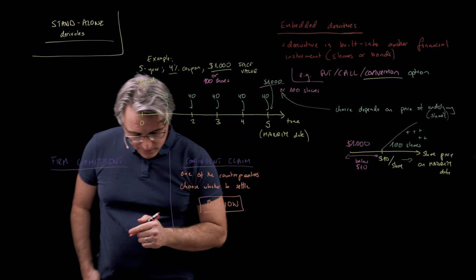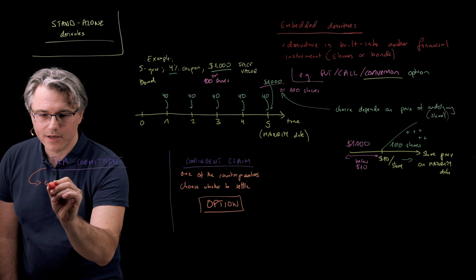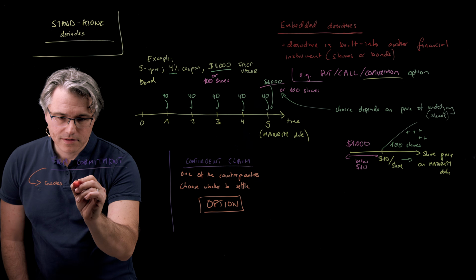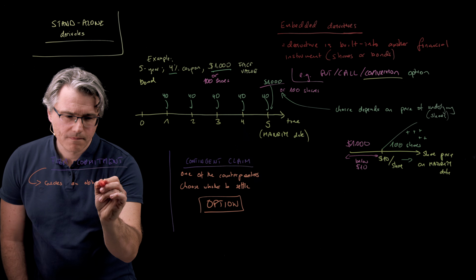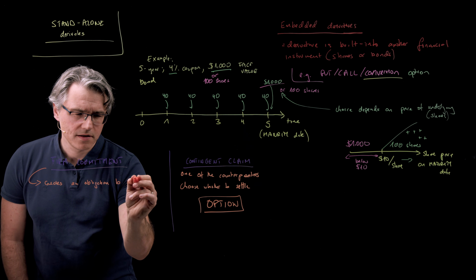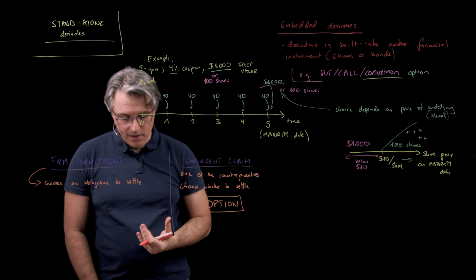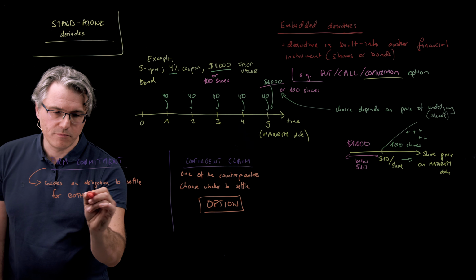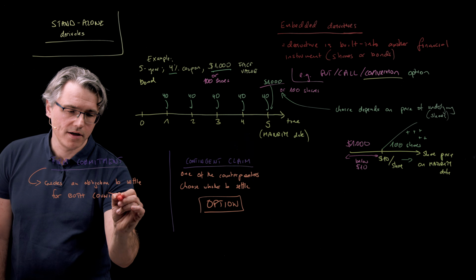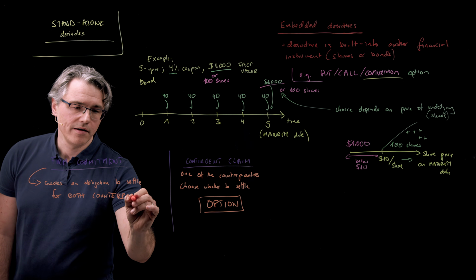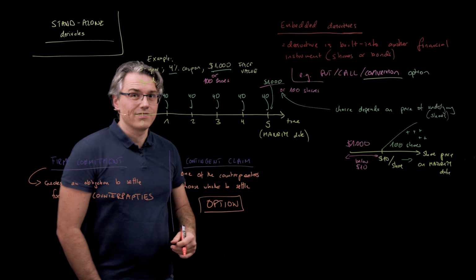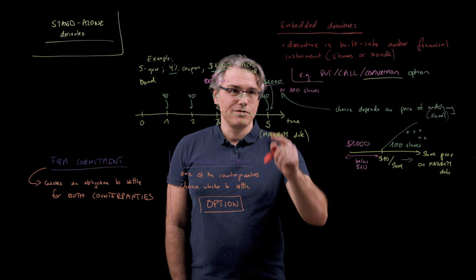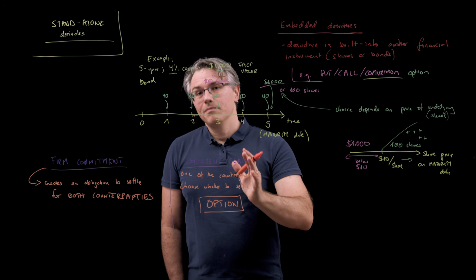Whereas in a firm commitment, this type of contract creates a kind of binding obligation. It creates an obligation to settle. It could be settlement via physical delivery, or it could be cash settlement, for both sides of the transaction, so for both counterparties, and they can't just walk away and decide not to do it. Like here, with the option, the investor may decide not to exercise or use their option to receive 100 shares by giving up the 1,000.